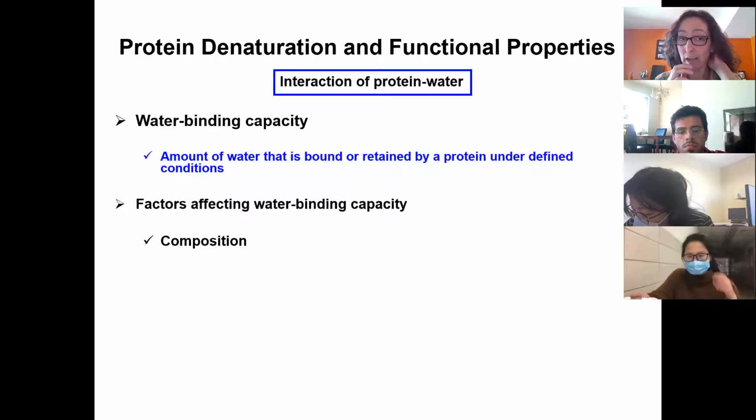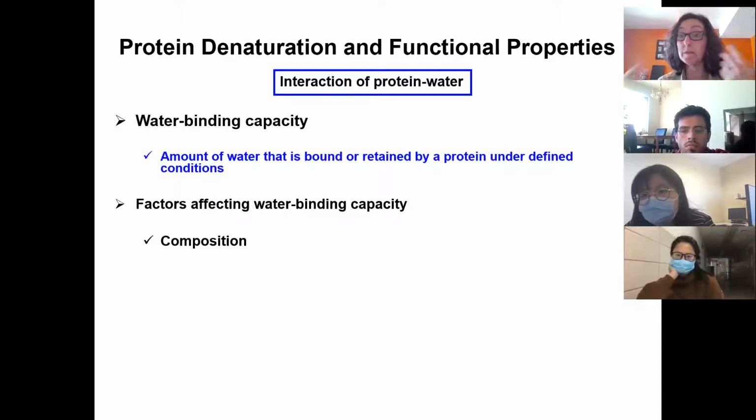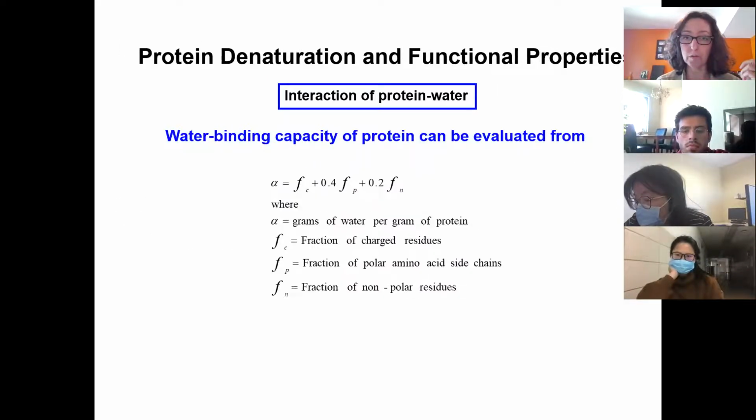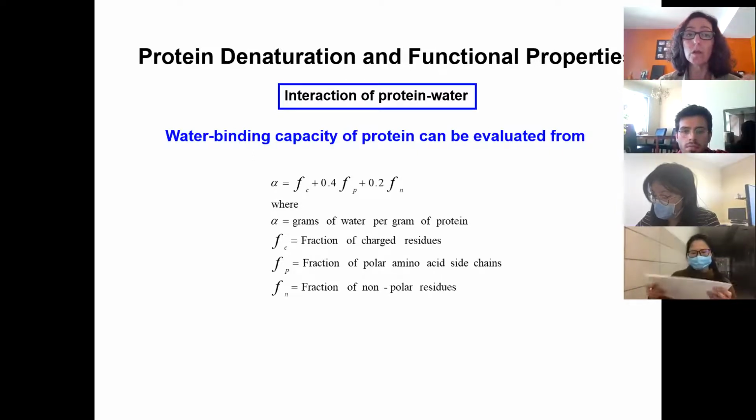So there are different factors that affect how much water can be bound to a gram of protein, for example. The composition, which is amino acid composition. There's an equation that relates how much water is bound per gram of protein to the composition of the amino acids.